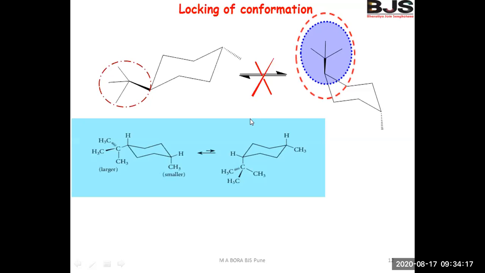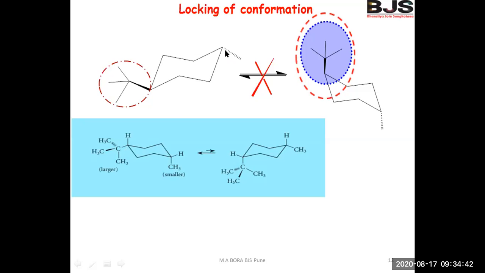It does not undergo flipping and it remains in only one form where the bulky group is equatorial, and no flipping of such kind of chair will be observed, or you'll find that 99% of this particular molecule will exist in the form where the bulky group acquires the equatorial position.